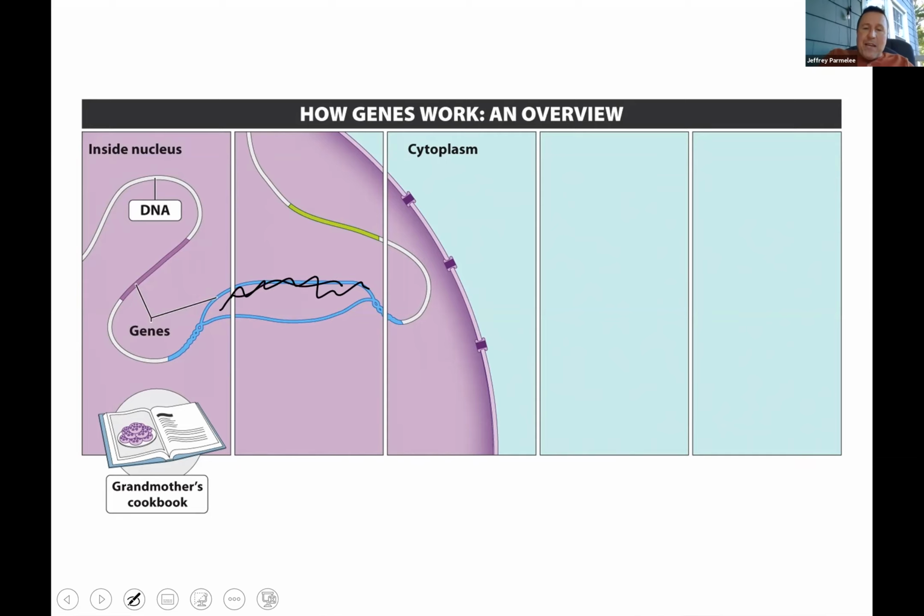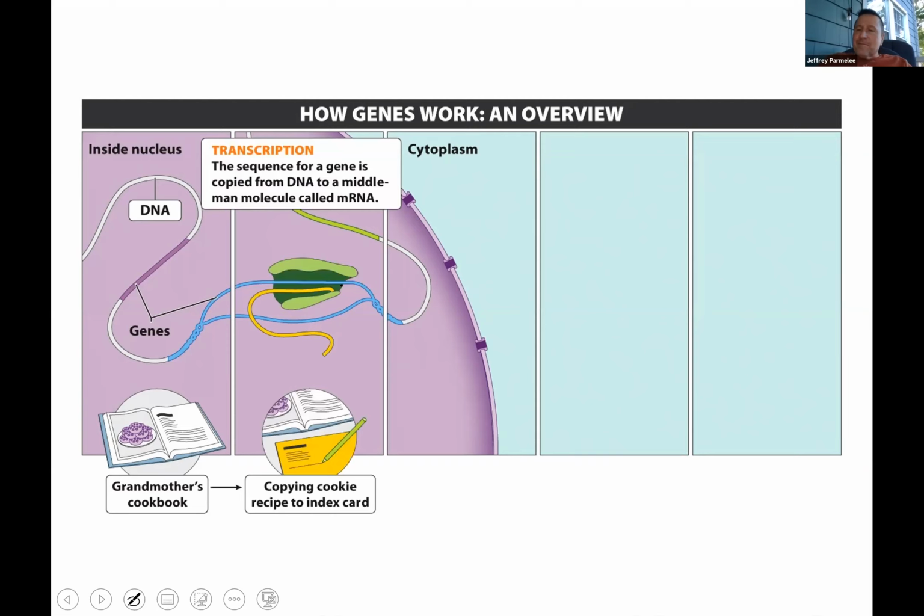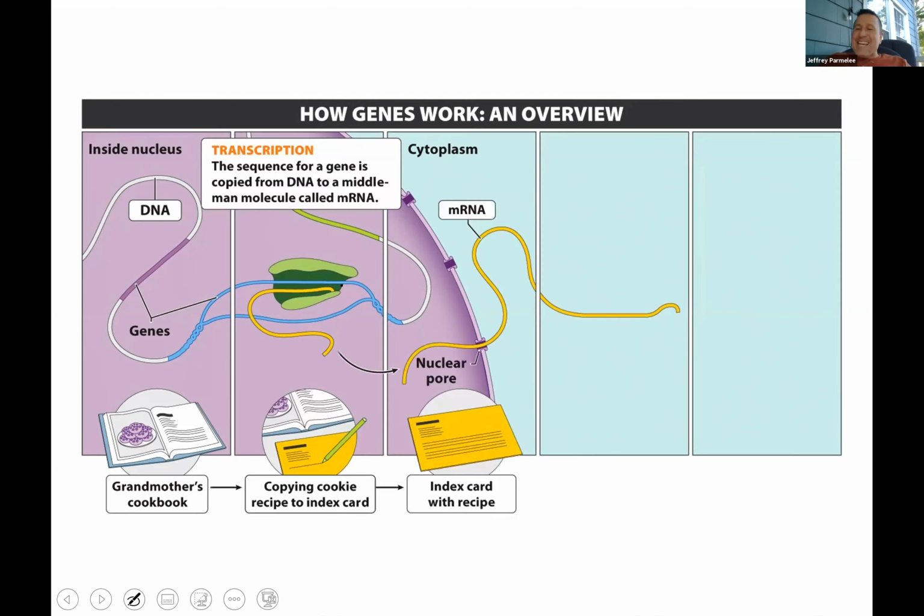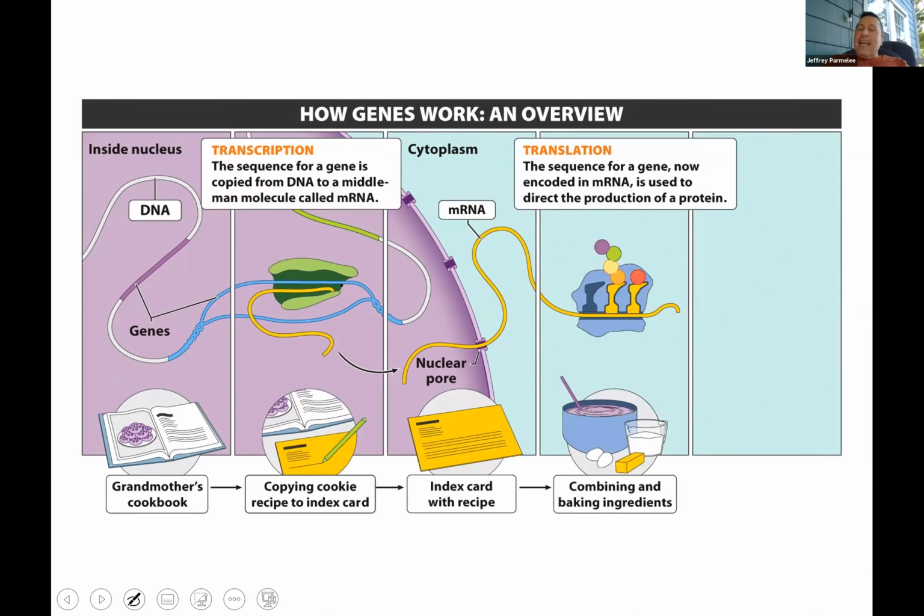It's going to copy that recipe. And that recipe, we call it messenger RNA, is going to go into the cytoplasm. So it's like the recipe on an index card. And then out there, we translate it into the protein, into the recipe. Yeah, and so the messenger RNA goes through these ribosomes, and then protein comes off the top based on that recipe.